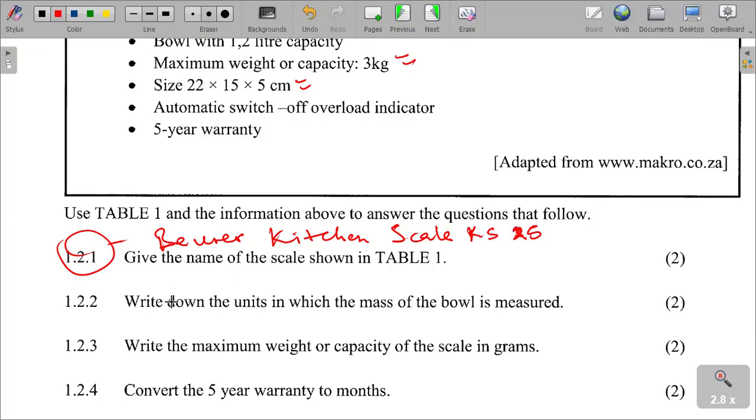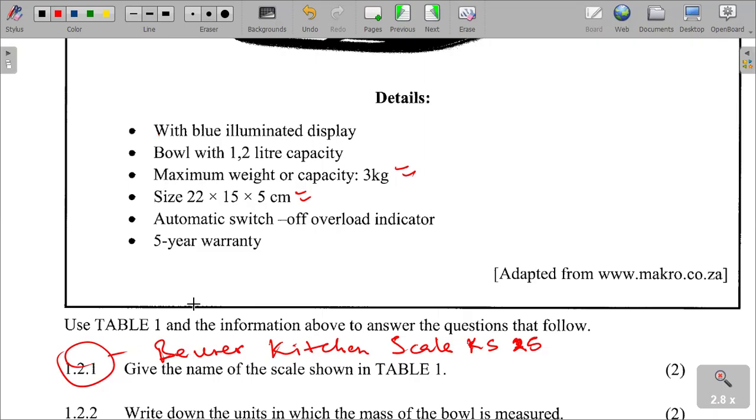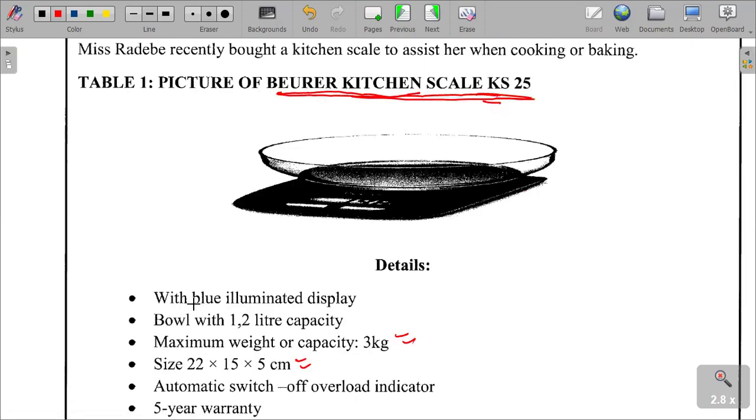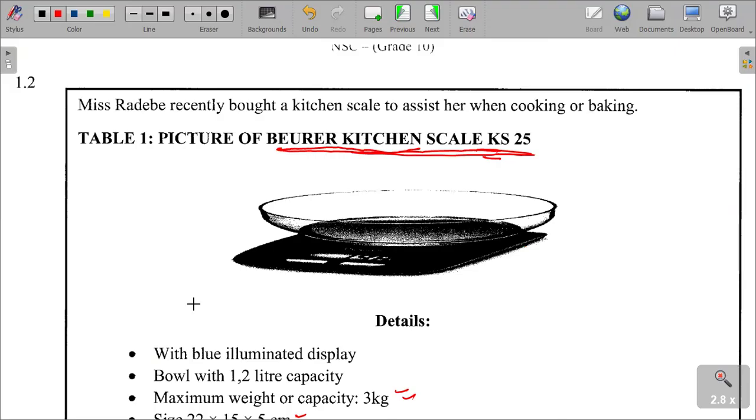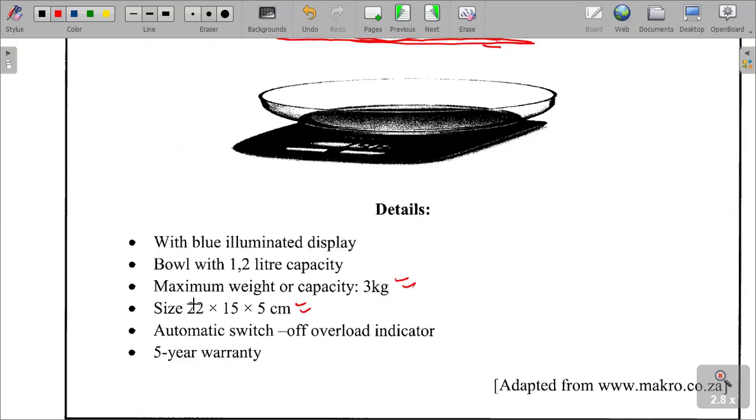Write down the units in which the mass of the bowl is measured. We can check here. This bowl is measured in what?